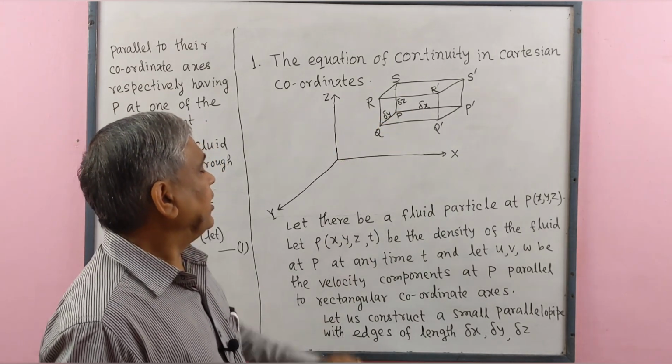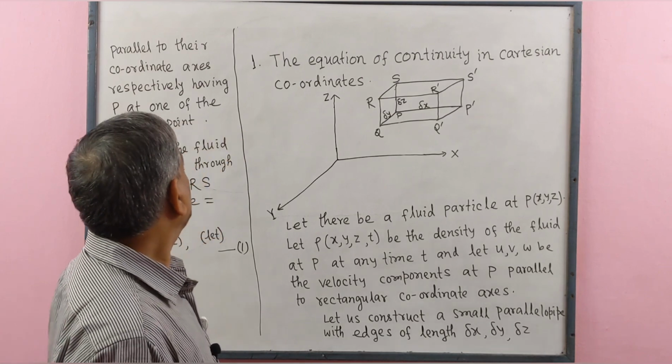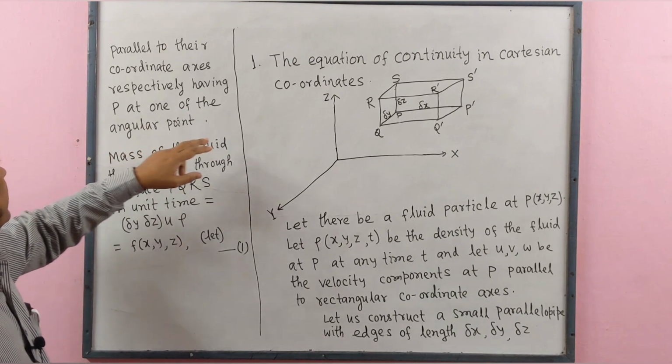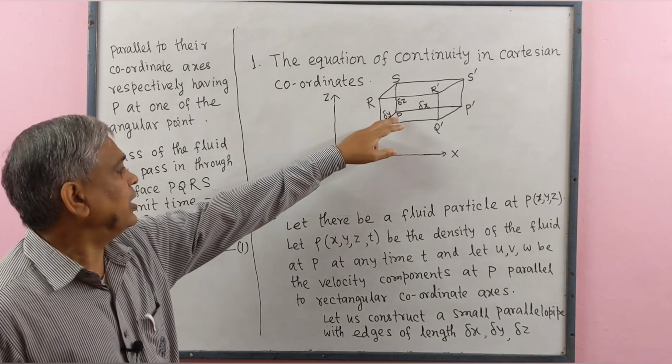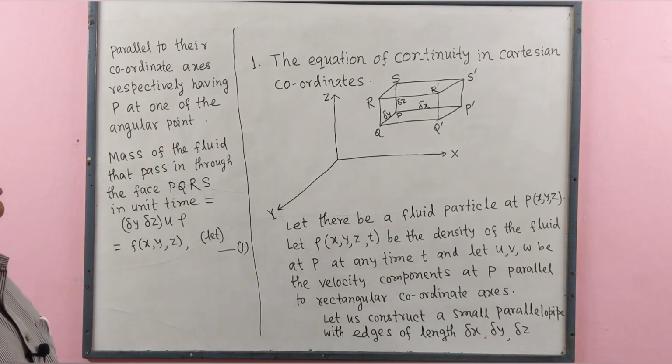These are three adjacent sides of the parallelepiped. Here P is one of the angular points of the parallelepiped.